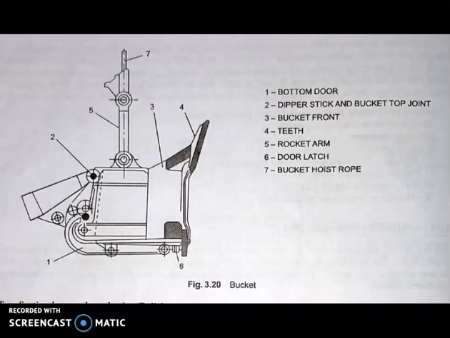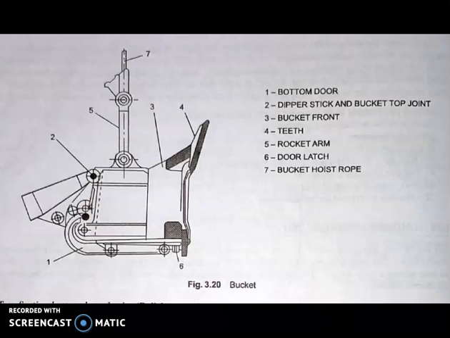Locking is done by tilting the bucket so that the self weight of the door acts to close the door. Unlocking of the latch is achieved by pulling the cord operated by a small air motor or electric motor. Teeth are mounted on the top of the front.